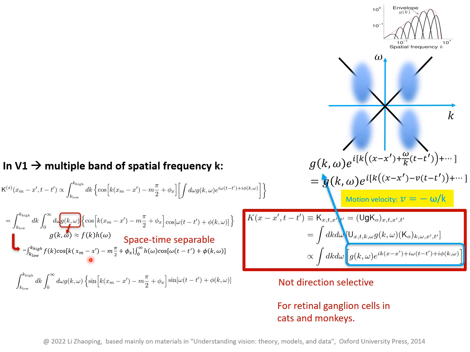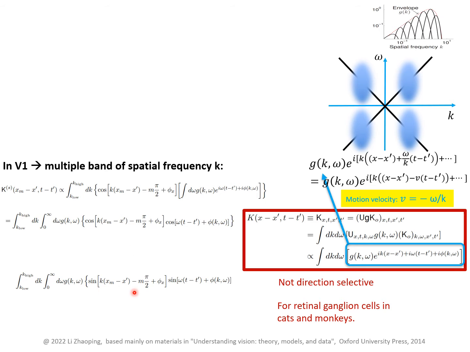Such functions are called space-time separable, although strictly speaking this is also a function of k, so it's not exactly separable. But roughly, they are not tuned to any motion direction. Similarly, this function is also roughly space-time separable.